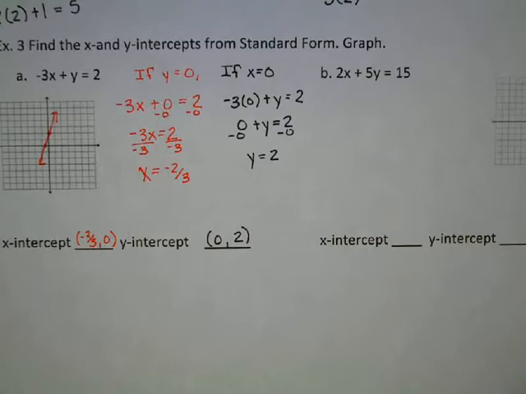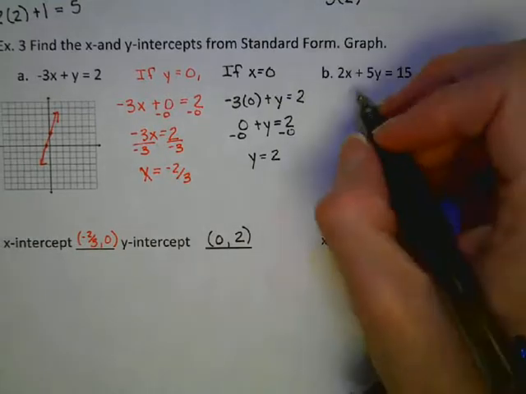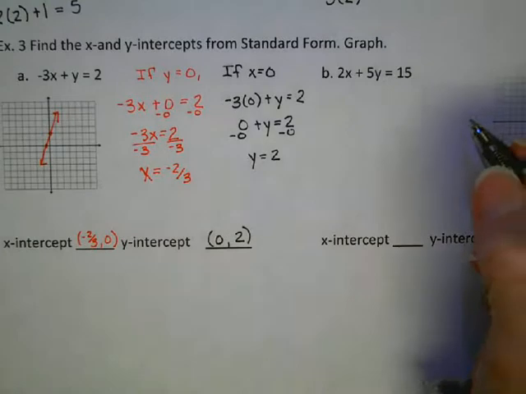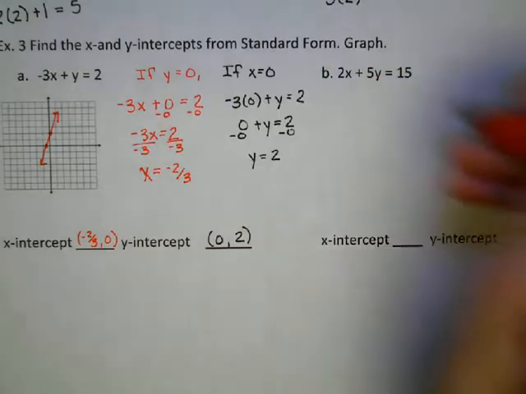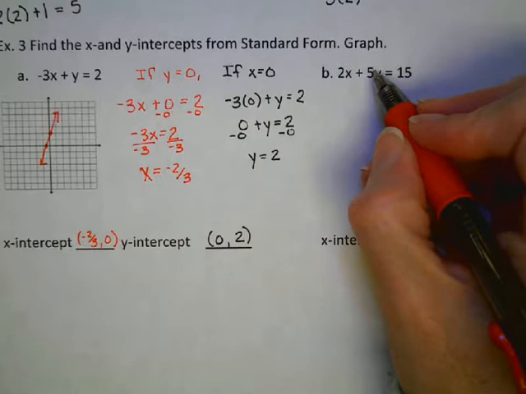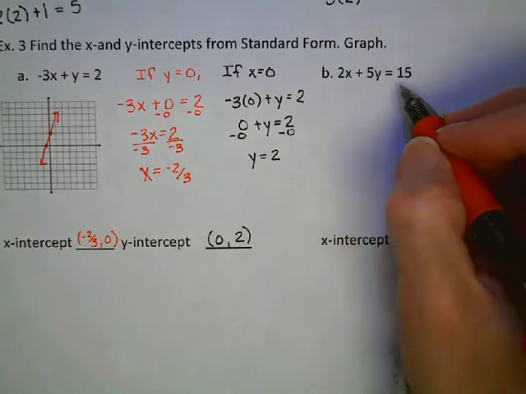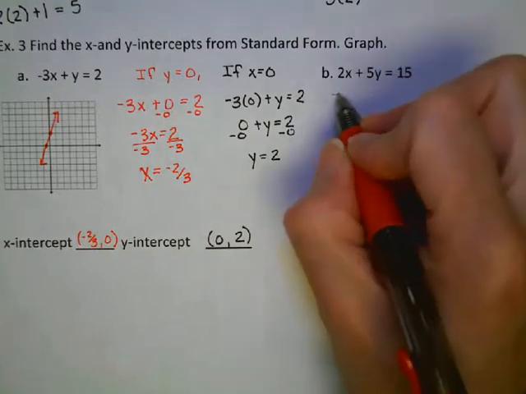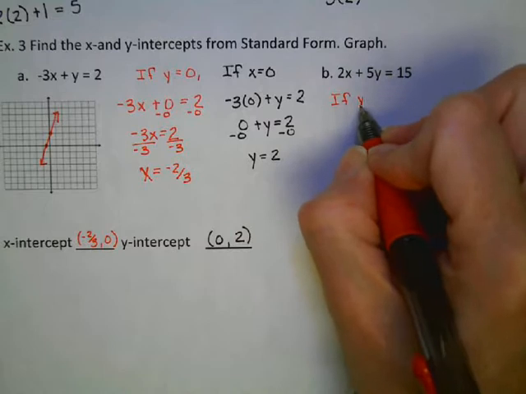Alright, let's look at this one. If y equals 0, the y is gone, because 5 times 0 is 0.